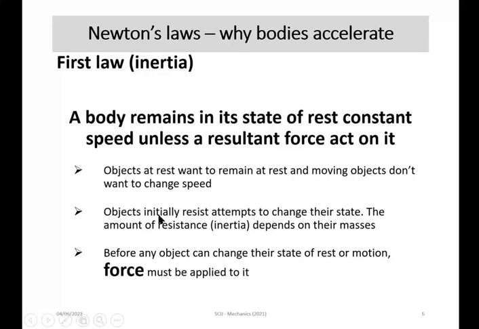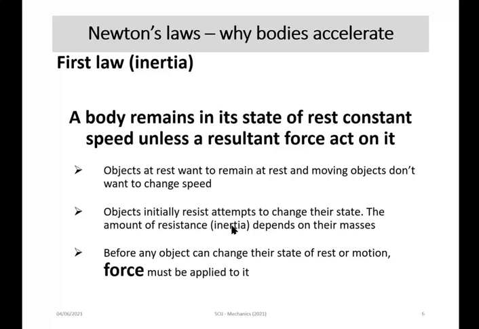It also tells us that objects initially resist attempts to change their state of motion. And the amount of resistance, that's what we call the inertia, and it depends on the mass. So the greater the mass, the greater the initial resistance to any attempt to move it. So if we have a very heavy duty vehicle, it is very, very difficult to give it a push.